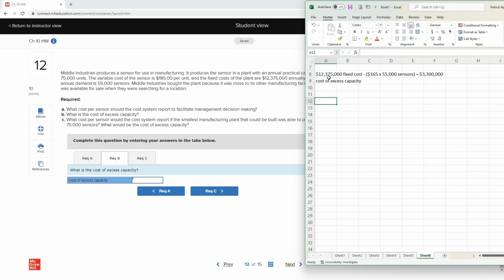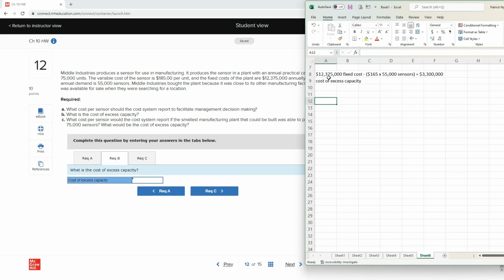And then part C, it says, what cost per sensor would the cost system report if the smallest manufacturing plant that could be built was 75,000 sensors? So instead of purchasing a plant that's close to us and convenient for us, we are building a plant that can produce 75,000 sensors.